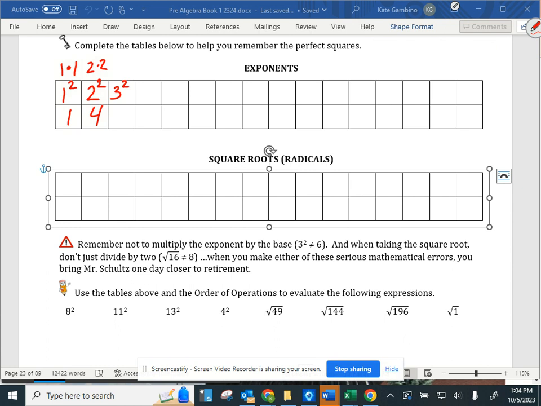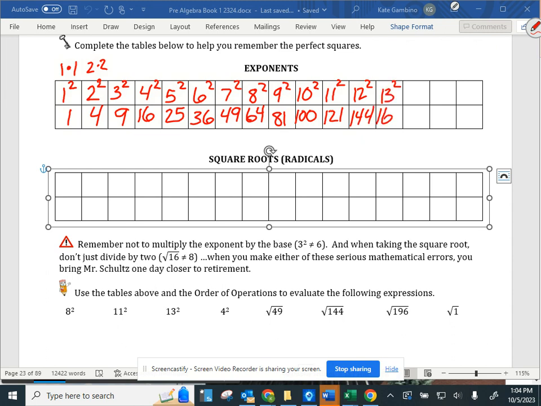What is 3 squared? Somebody say it out loud. 4 squared. 16. 5 squared. 6 squared. 7 squared. 8 squared. 9 squared. 10 squared. 11 squared. 12 squared. 13 squared. 169. 14 squared. 196.